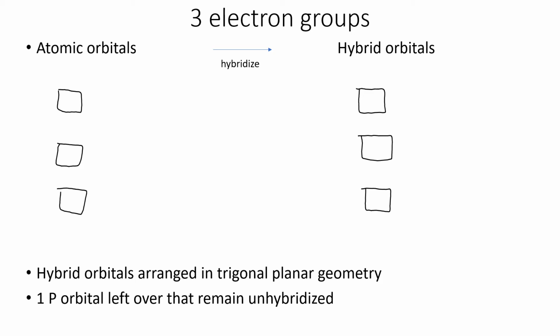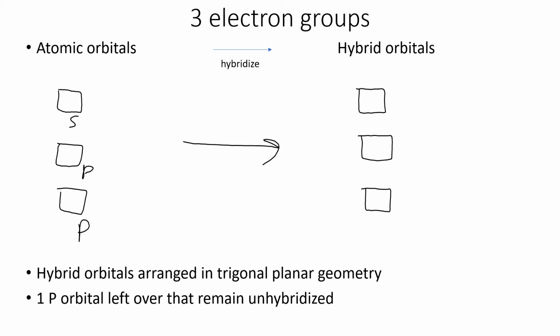Now, what atomic orbitals am I going to use? Well, I'm always going to start with the s, and then I'm going to go to the p's. I'm going to use an s and two p atomic orbitals. What am I going to do? I'm going to take that linear combination, I'm going to hybridize those, and what's the result?